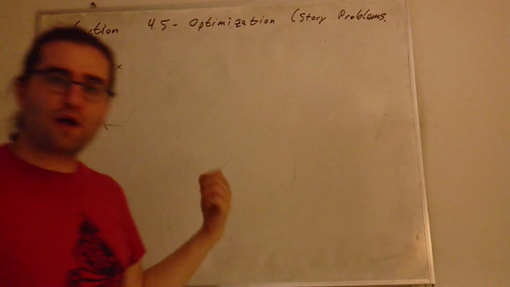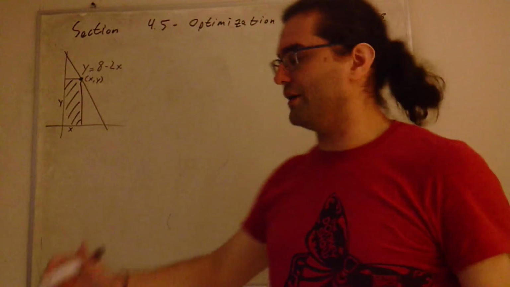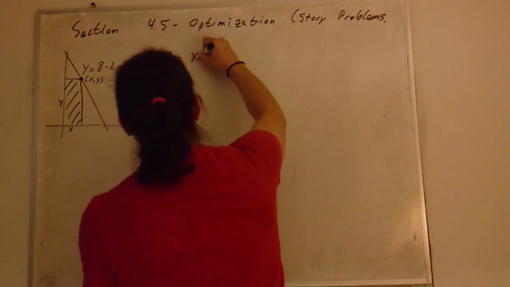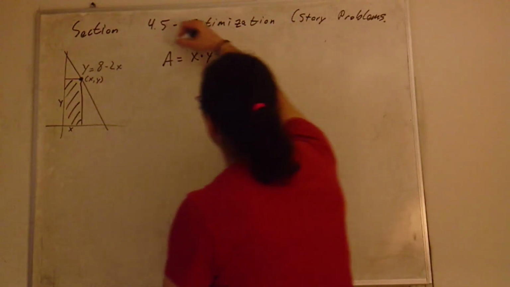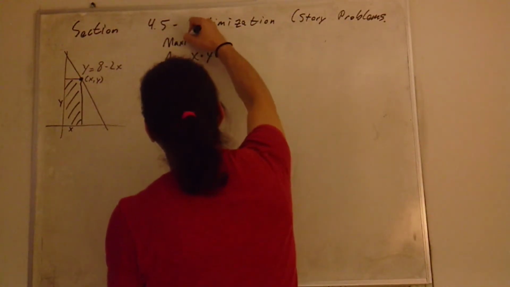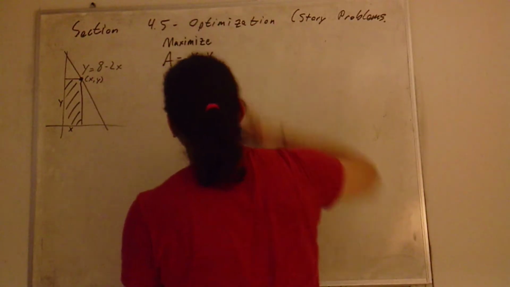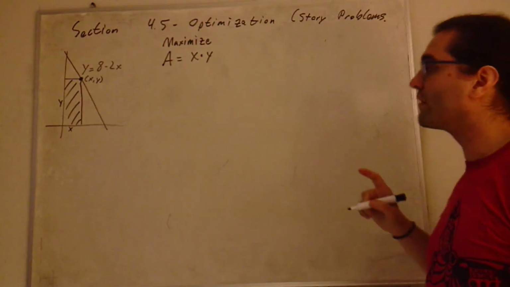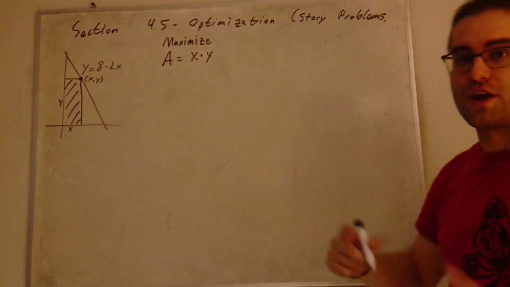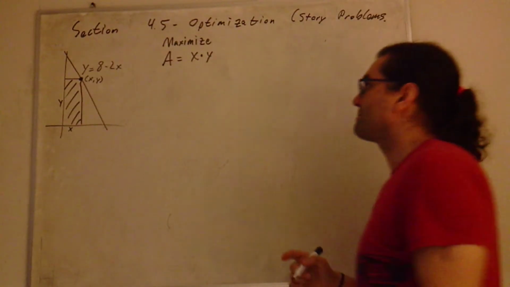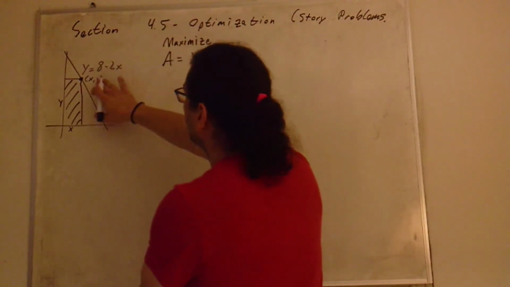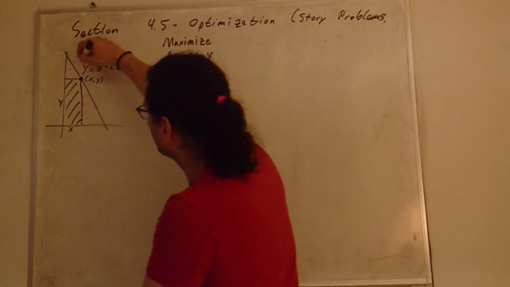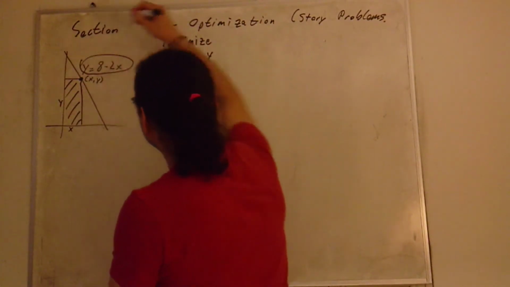So this problem is going to feel a lot like the other problem, where what we're maximizing is the area of a rectangle, x times y. We are maximizing this thing. The constraints are going to be a little different though. Whatever x value we choose, our y value is going to be dictated by this function.